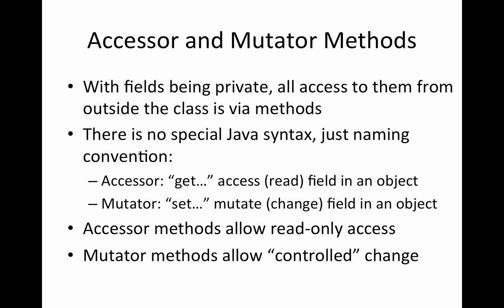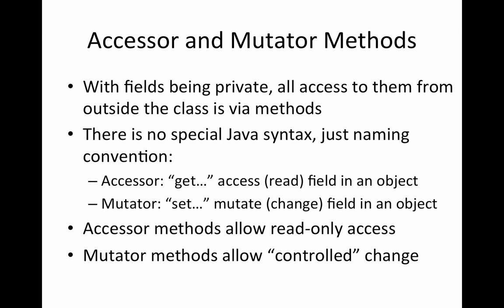So it is still different than having the fields public, because inside the mutator method we could control how exactly changes are allowed. For example, we could say that the value of a particular integer variable should only be allowed to change within a particular range.